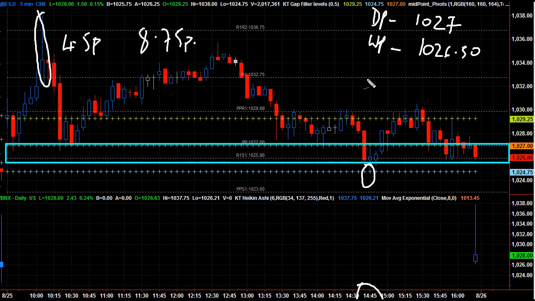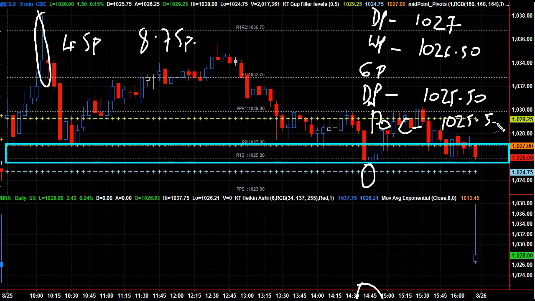We had the Globex pivot. We also had the Mark pivot point, put a little M in there, that was sitting at 1025.50. We had the point of control off the market profile, it too was sitting at 1025.50.